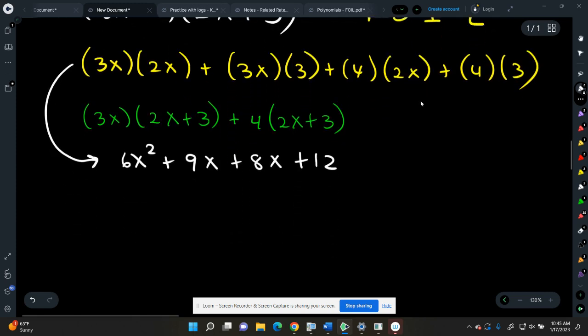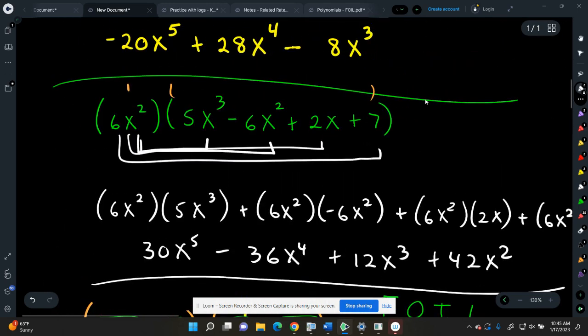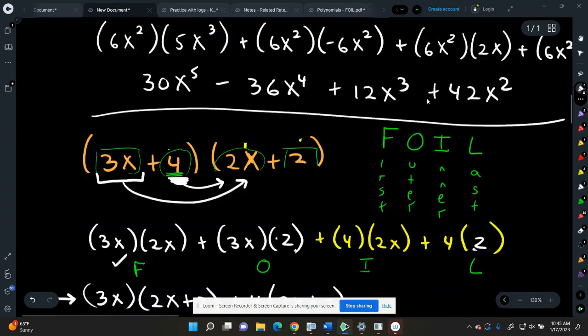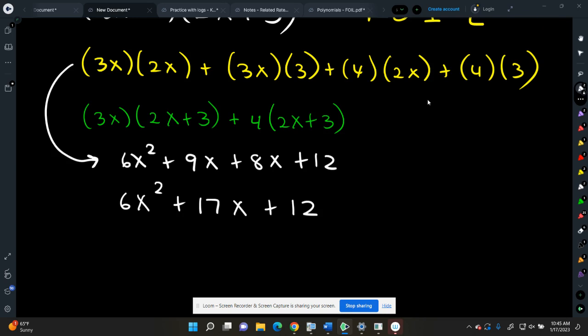Now, what's different with these that we didn't have up here is that we have to combine our like terms. So this is going to give us 6x squared plus 17x plus 12. We combine our like terms.